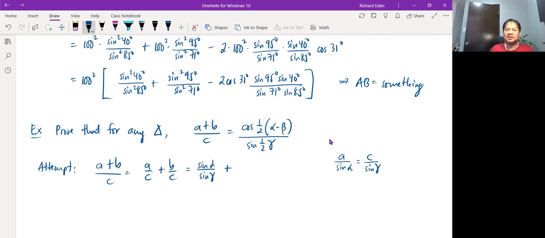What about b? Sine beta over sine gamma. And in fact, now you could combine into one fraction. So does this mean (a + b) over c is equal to the sine of alpha plus sine of beta over sine of gamma? Yes.